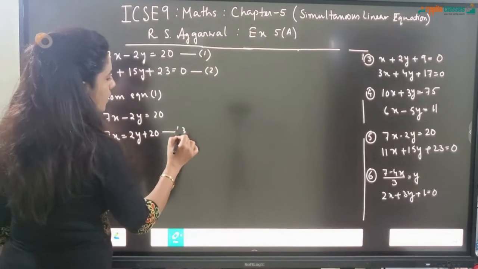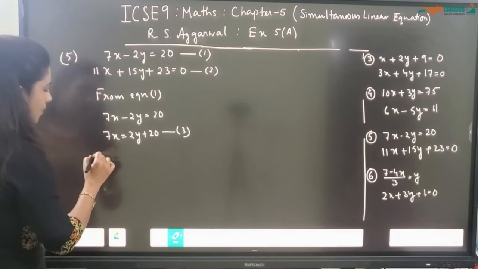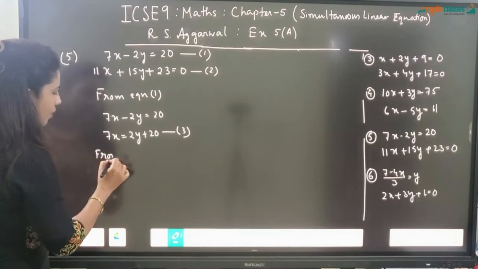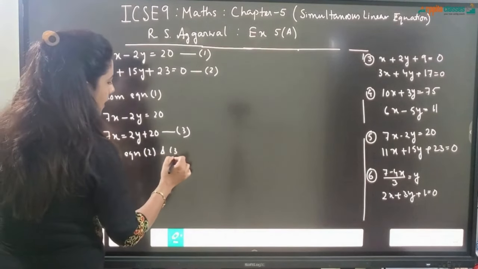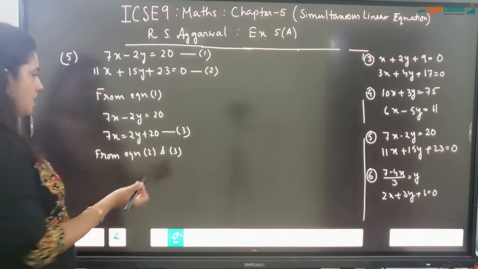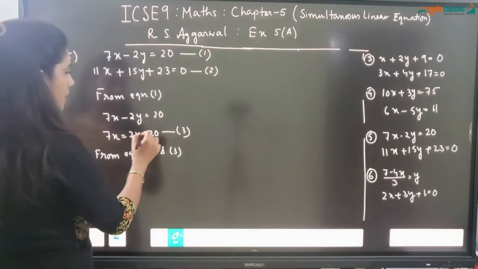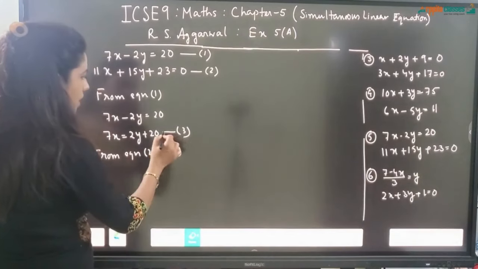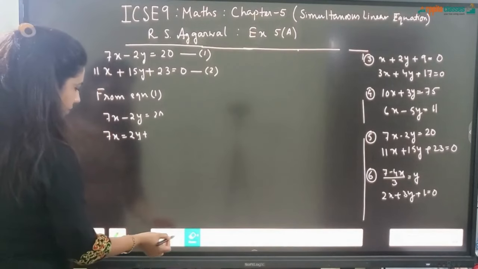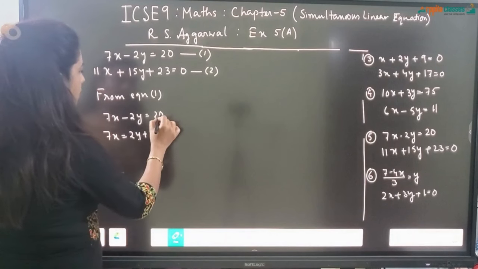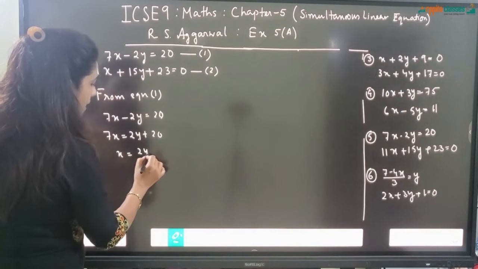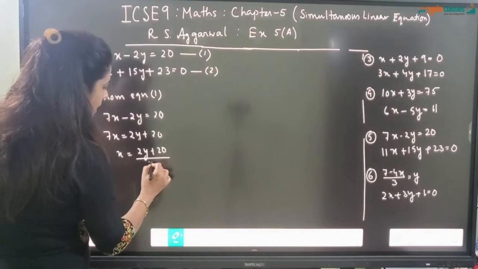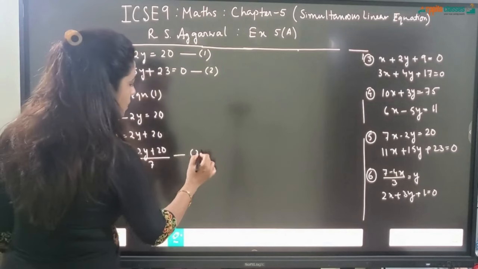Okay, so from here again it's not complete, sorry. So 7x is equal to 2y plus 20, or x is equal to 2y plus 20 divided by 7. So I call this equation number 3.